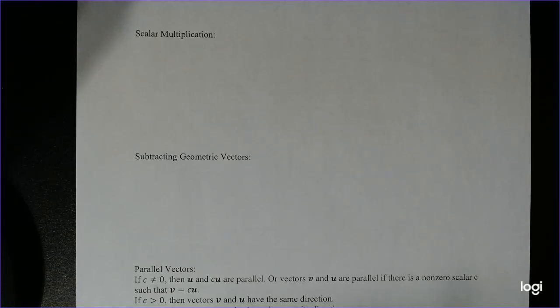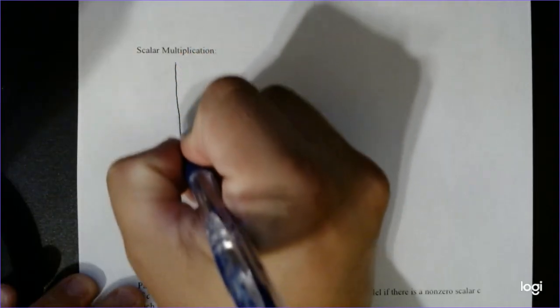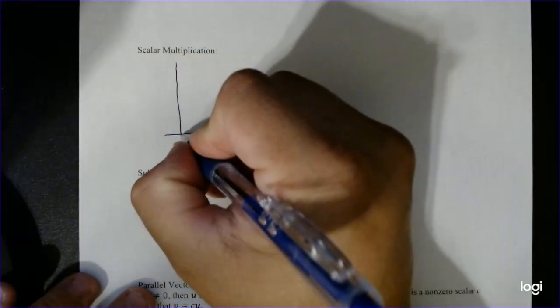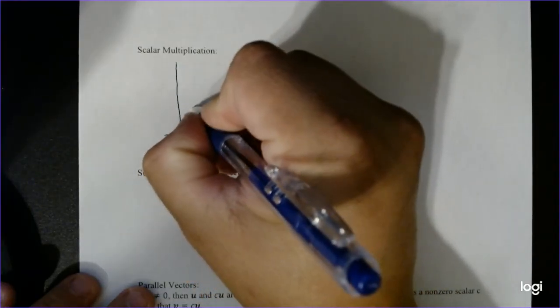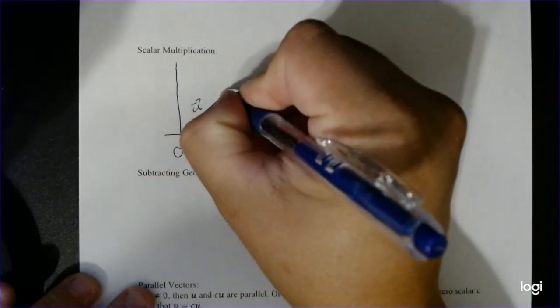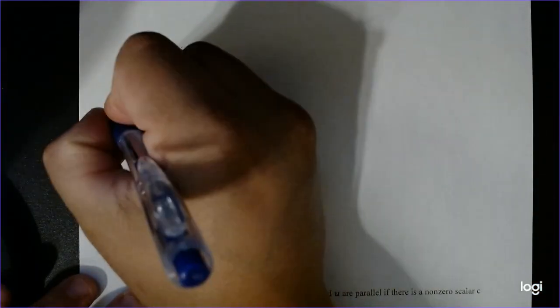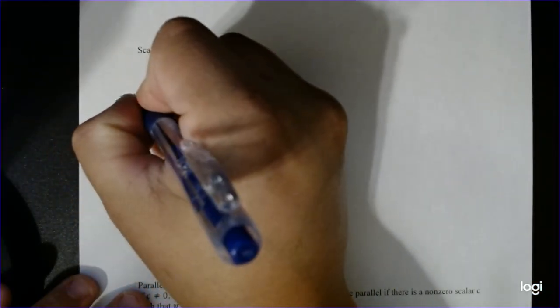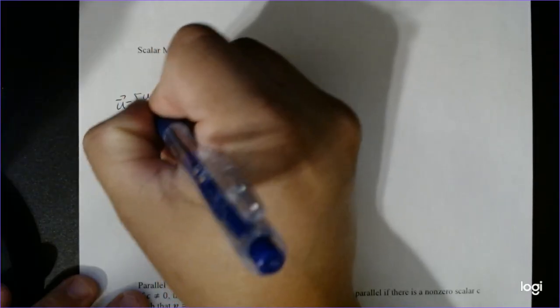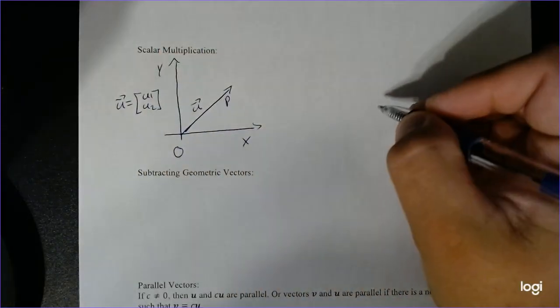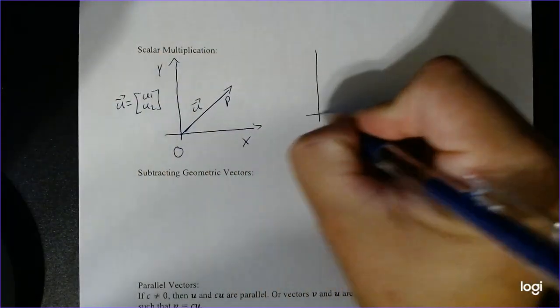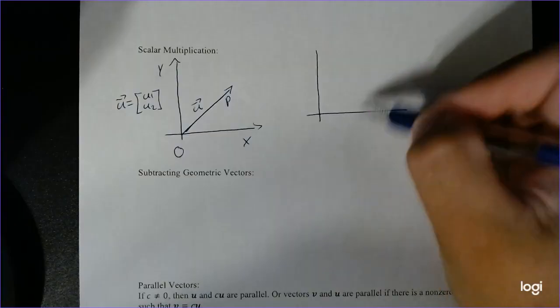Okay. All right, so now we go into scalar multiplication. Let's suppose we have a scalar multiplication, so starting at the center, and this is vector U, from the center to some point P. Again, U is some arbitrary vector U1, U2. This is x, and this is y. So when it comes to scalar multiplication, all I'm doing is multiplying or dividing this vector by a constant.